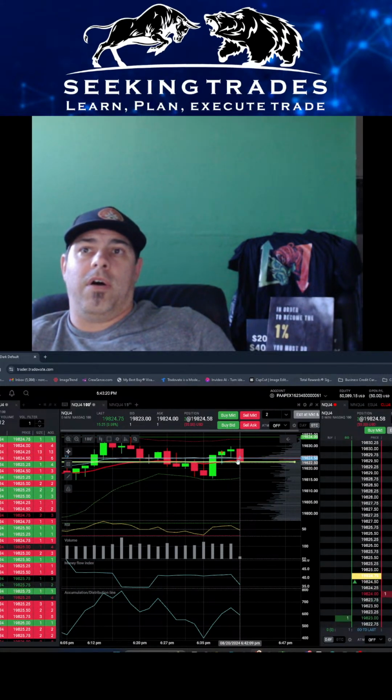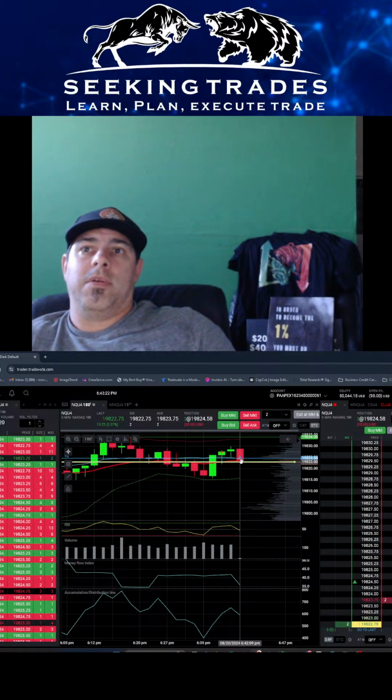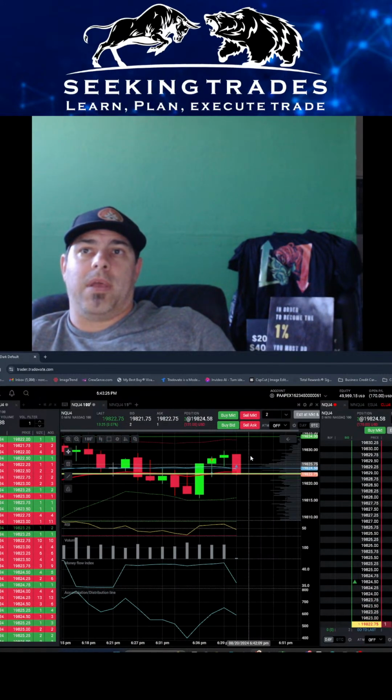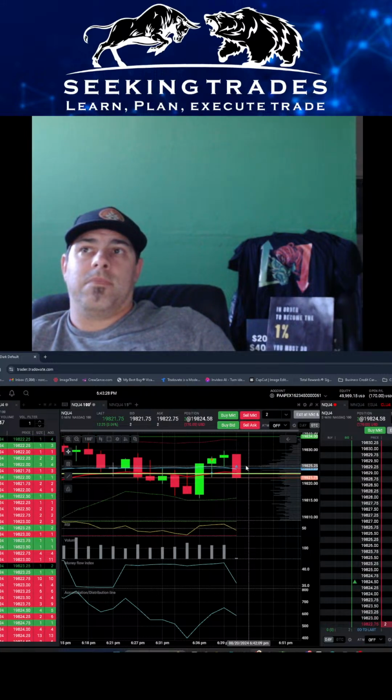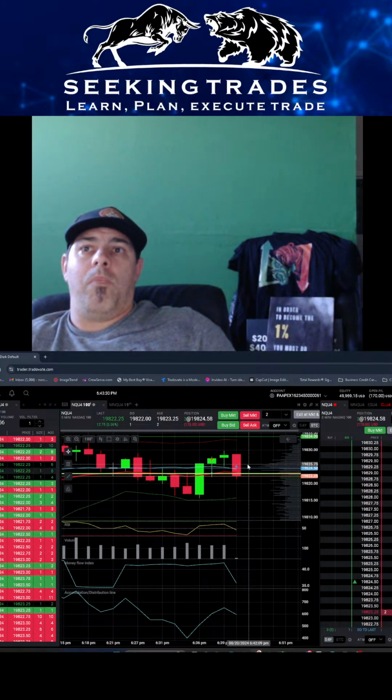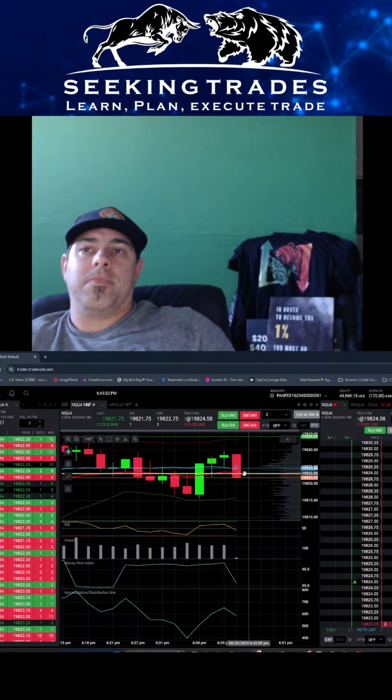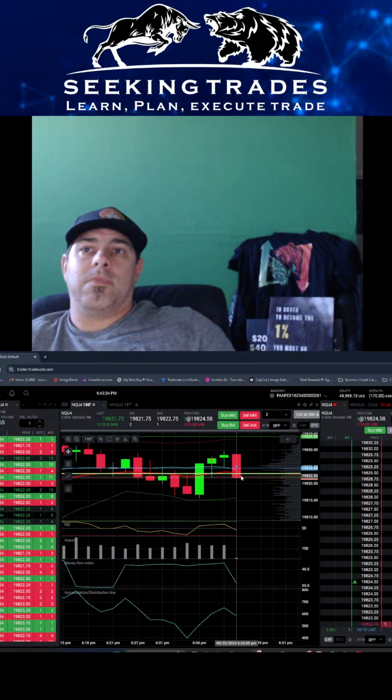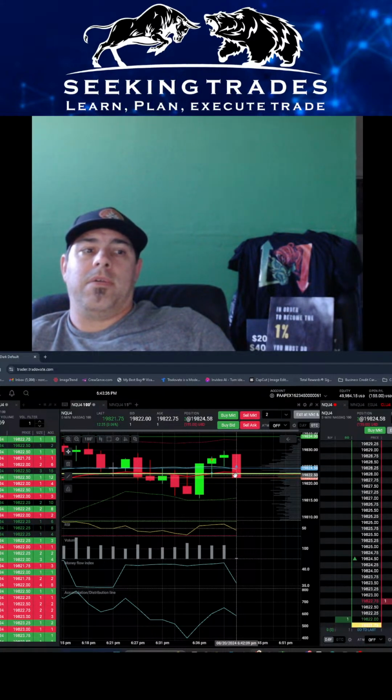Bottoming tail off this support line. And I'm hoping this will hold and just continue to rip right back up. I'm watching it. This is the test area.